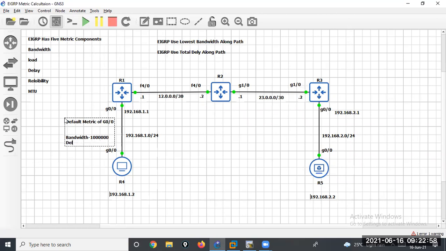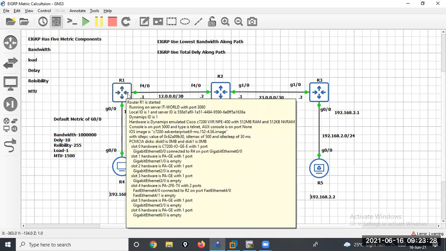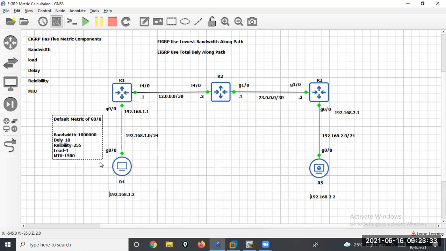And delay is 10, reliability is 255, load is 1, and MTU is 1500 bytes. So these are the default metrics of the 192.168.1.0 network. Now whenever router 1 advertises this network to router 2, router 1 will advertise the network and these metric components to router 2.